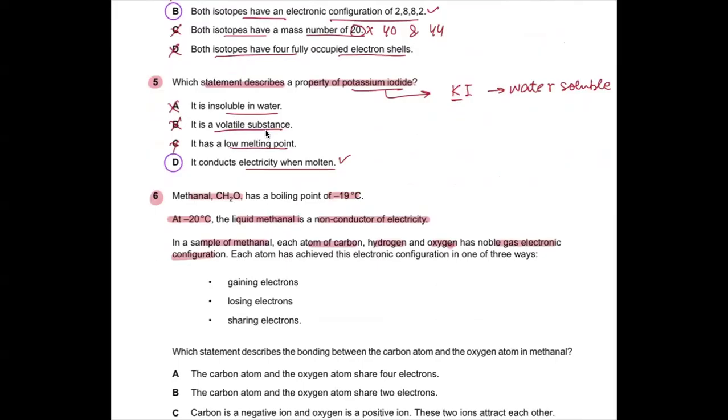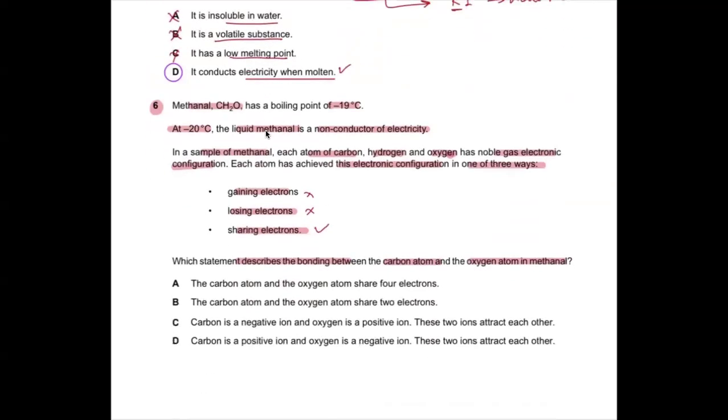Each atom has achieved this in one of 3 ways: by gaining electrons, losing electrons, or sharing electrons. Methanol is a covalent compound, so they achieve this by sharing electrons, not by gaining or losing electrons. Which statement describes the bonding between the carbon atom and the oxygen atom in methanol?